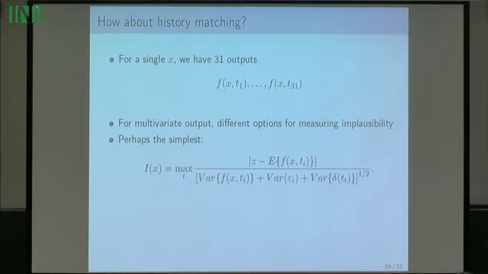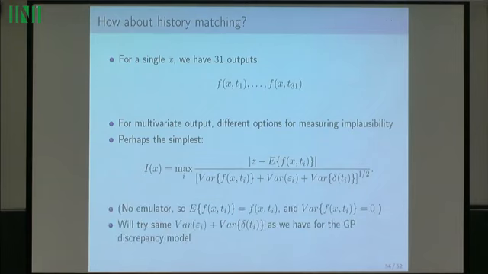The simplest that you might consider, which is quite often used, is that you take just the maximum implausibility for each individual output value. So you look at where your prediction is worst, and if the worst prediction is bad, then you would reject that as an input. In this example, we've got a very fast function, so we're not going to have the emulator. I'm just going to replace the expectation of the function by its true value, and that variance term will be 0.